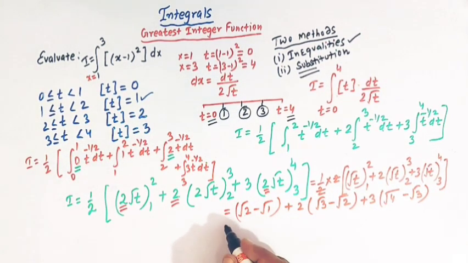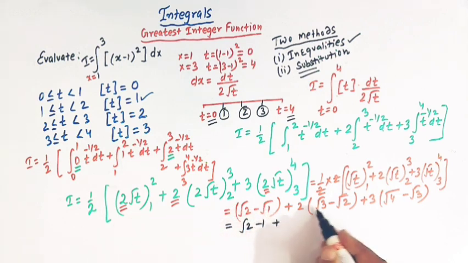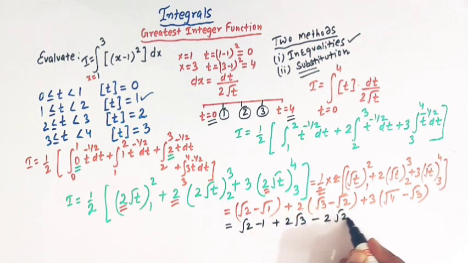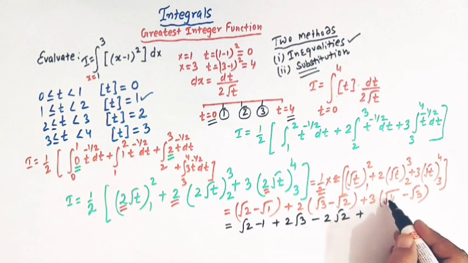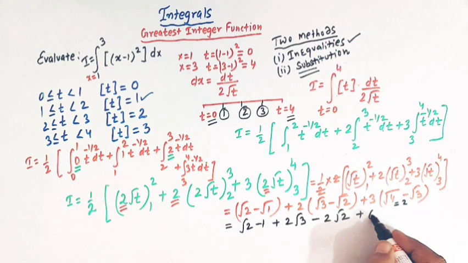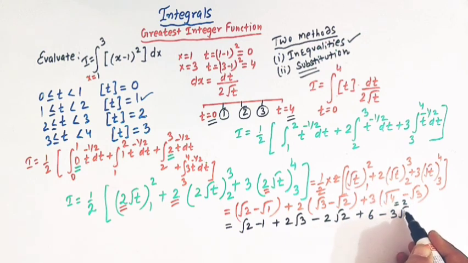So now we can simplify it. So we have here square root of 2 minus 1. Then we have 2 root 3 minus 2 root 2. Then here we have square root of 4 is 2, so 3 2s are 6, and minus 3 root 3.